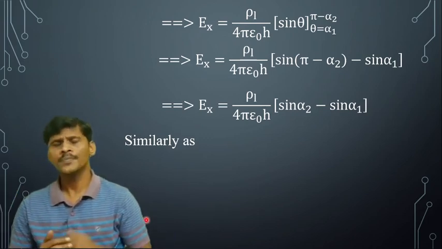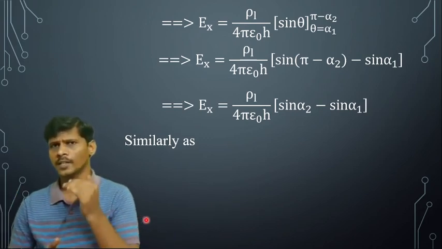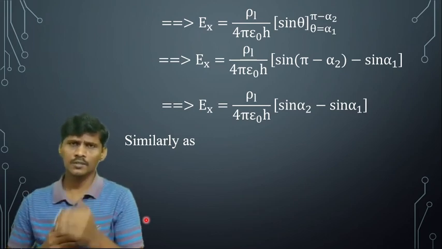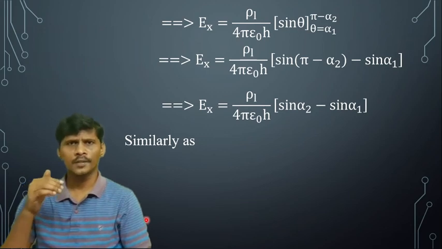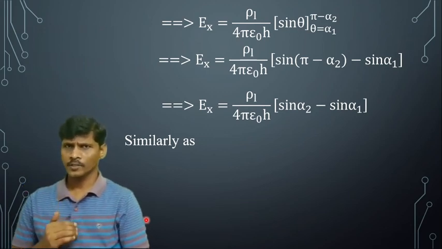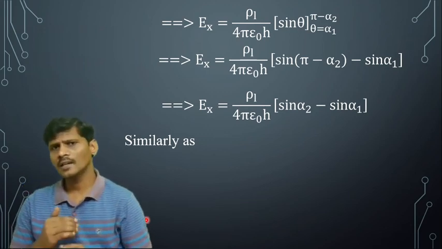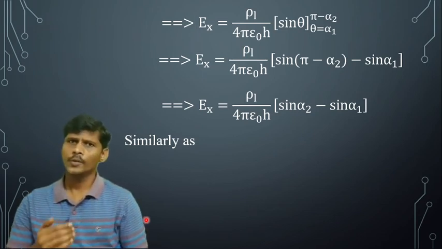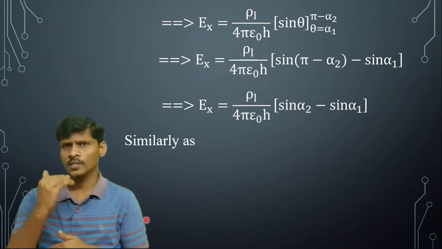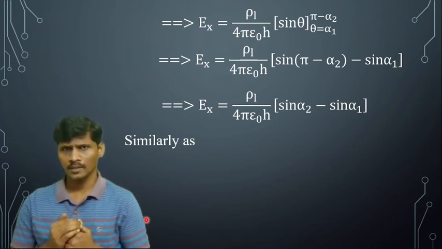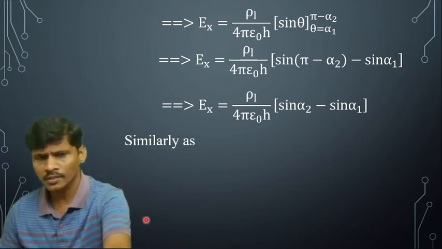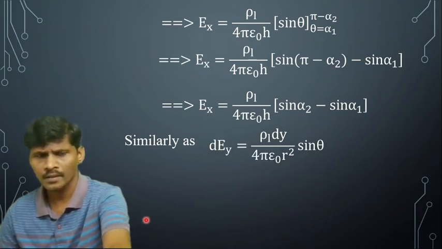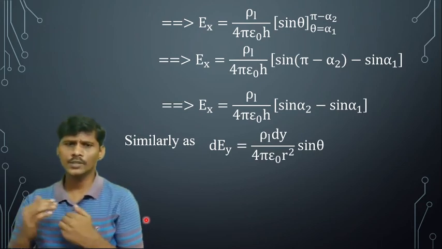This is the value of the electric field intensity at point P due to the finite line charge. Similarly, calculate the electric field intensity at point P due to the line charge along the y-axis direction. So along the y-axis direction, what is the component? dEy is equal to dE into sin theta.